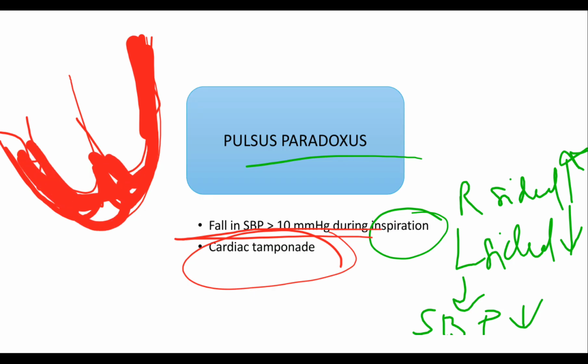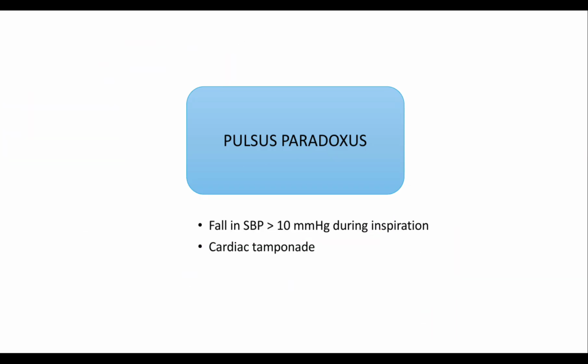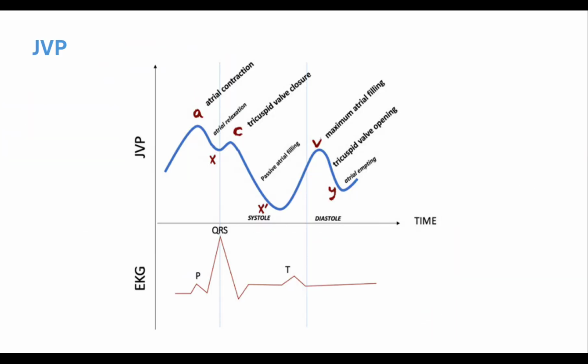During inspiration, the right-sided filling, as expected, will increase, so the right ventricle is pushed more towards the left ventricle. The left ventricular volume will be even more reduced than in the normal case, so the SBP fall is more pronounced, more than 10 millimeters of mercury. That is cardiac tamponade, and it's called pulsus paradoxus. That was regarding the different pulse waves.